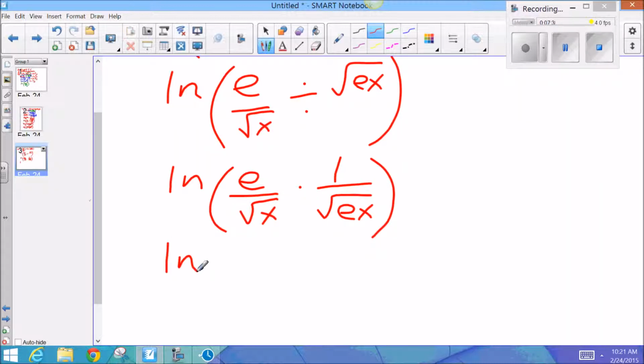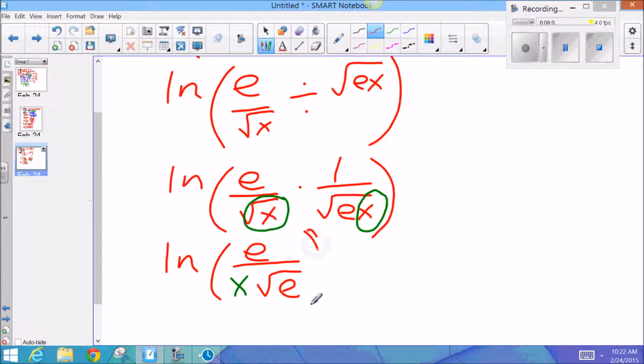That's the natural log of e, I'm multiplying top times top, over. Now bottom times bottom, I've got the square root of x and another square root of x. The square root of x times the square root of x is x. And then I've got the square root of e.